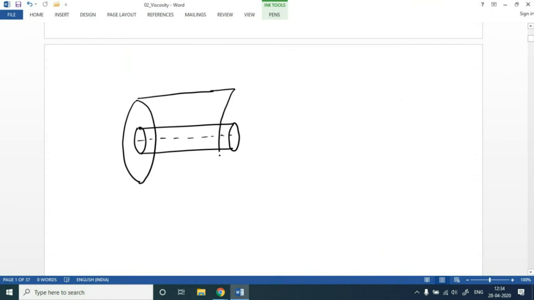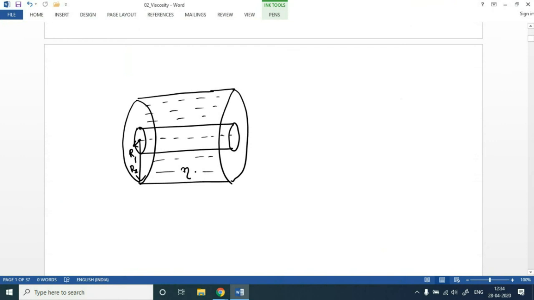The radius of the inner one is r1 and the radius of the outer one is r2, and there is liquid filled between these two coaxial tubes.